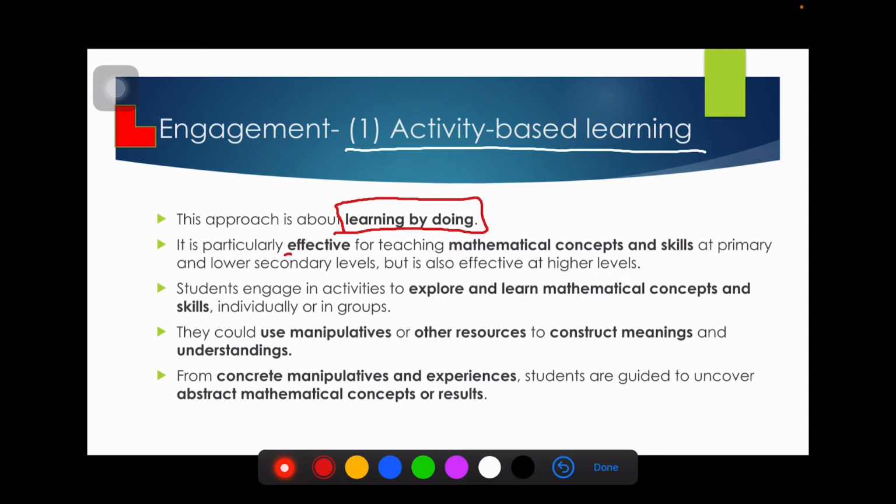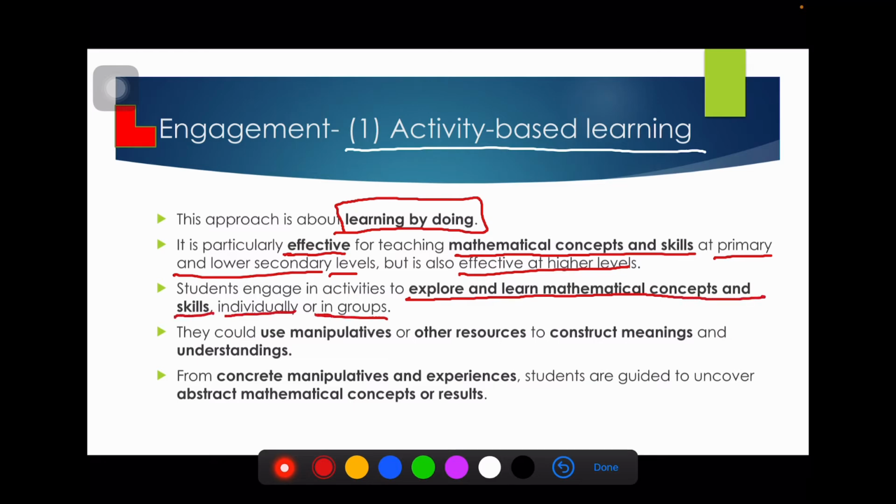Now it's particularly effective for teaching mathematical concepts and skills at primary and lower secondary levels, but also effective at higher levels as well. Students engage in activities to explore and learn mathematical concepts and skills, individually or in groups. So you can have an individual activity, or a group activity.